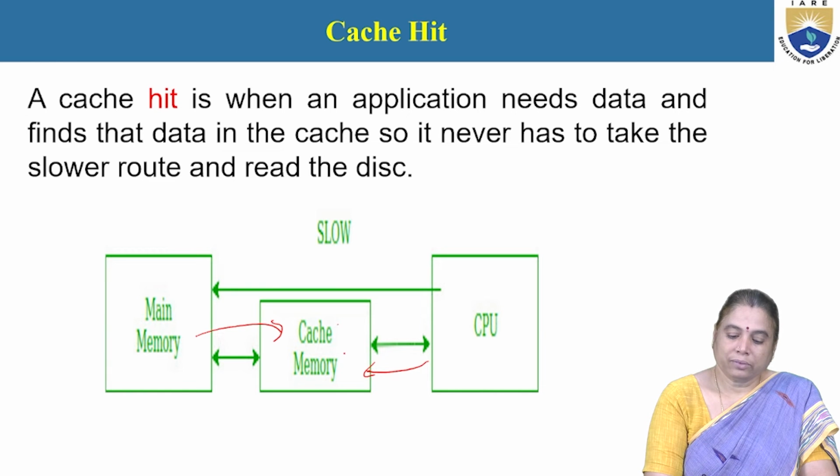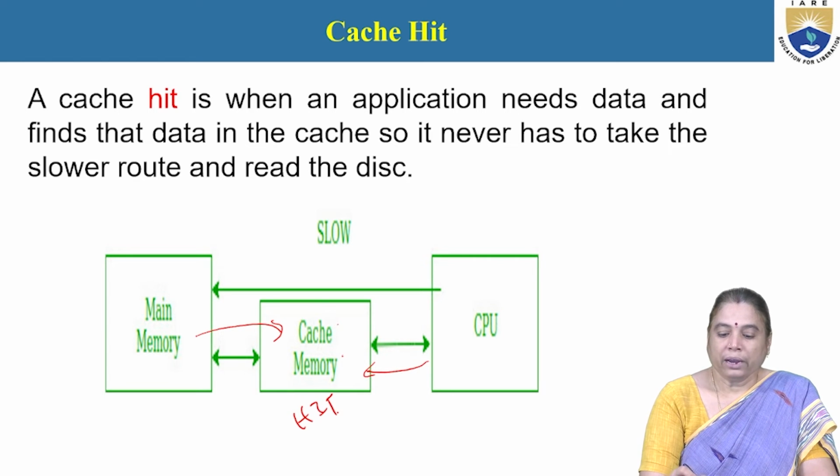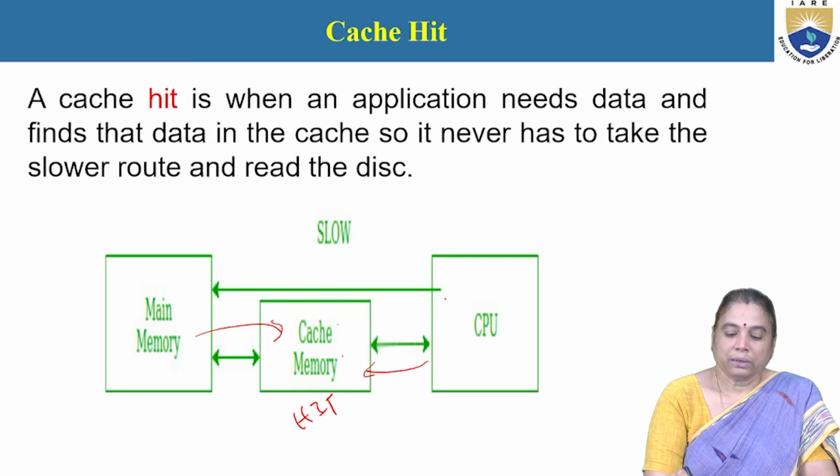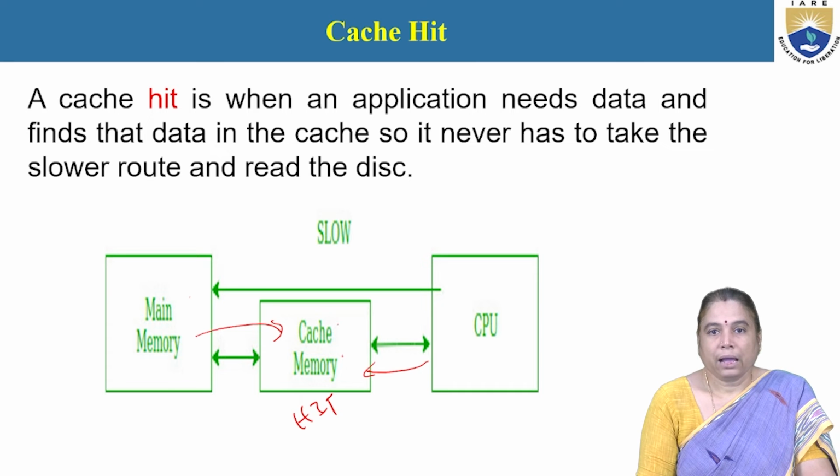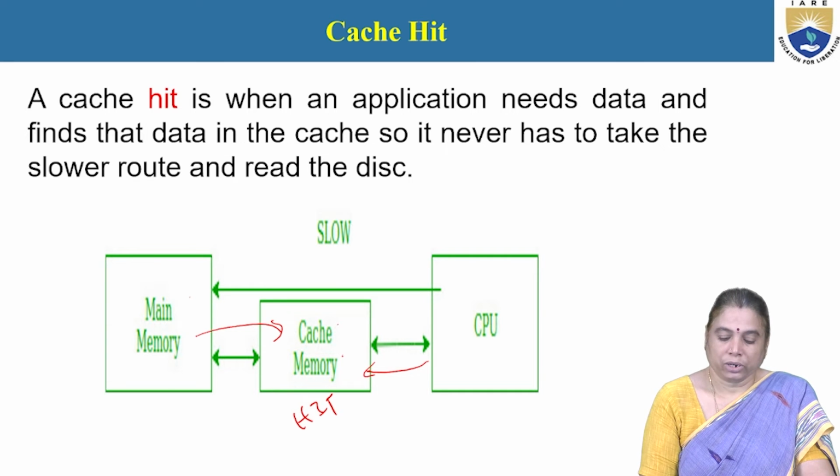If that instruction is found, a match occurs. That operation is called the hit operation. So it eliminates the CPU's secondary search in the main memory, which is a very slow way of accessing data or instructions.